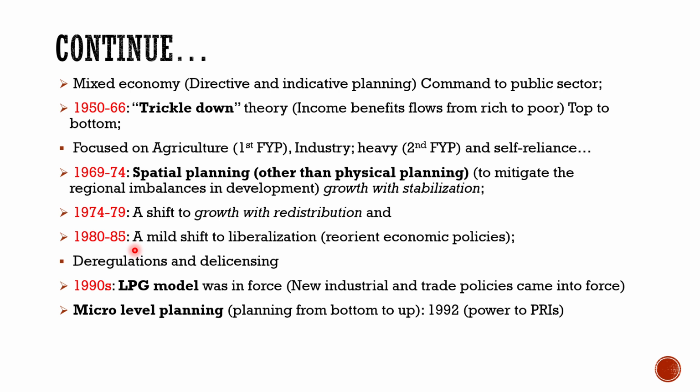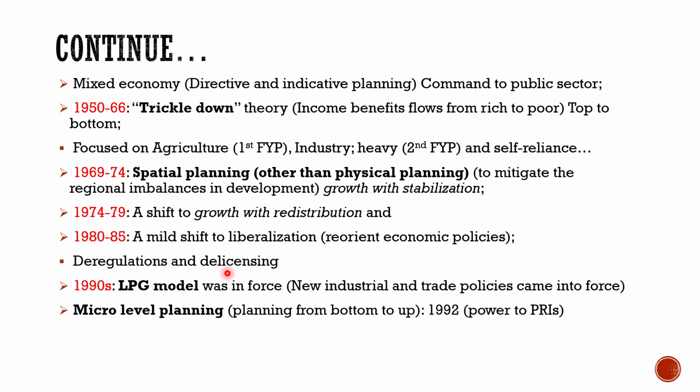And what does it mean? Actually, reorienting economic policies, deregulating economic policies, and delicensing. Actually, if you focus on this delicensing, what does it mean by licensing? At that time, for every production process, a private entity would have to take a license for production and increase in production.